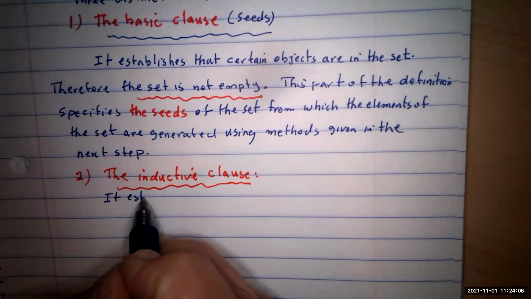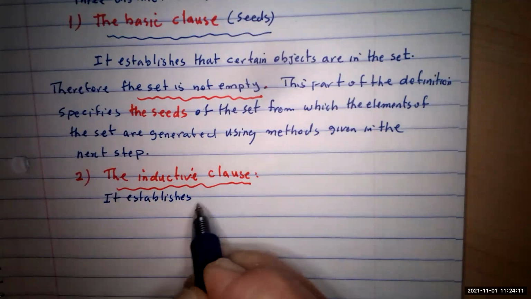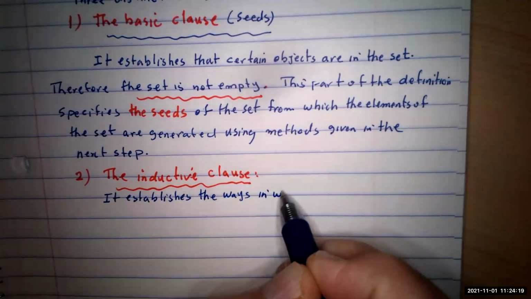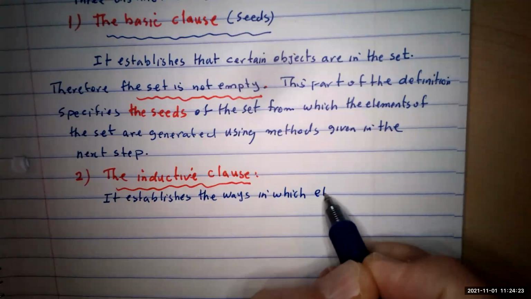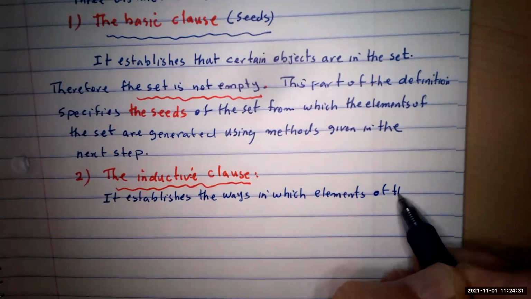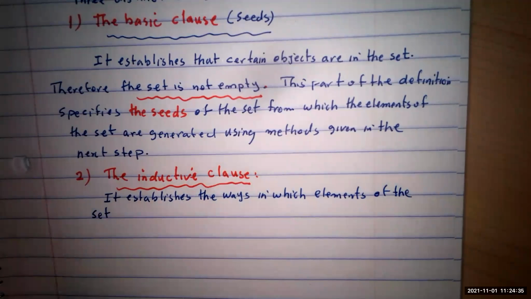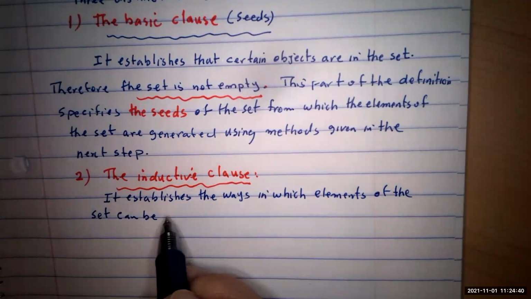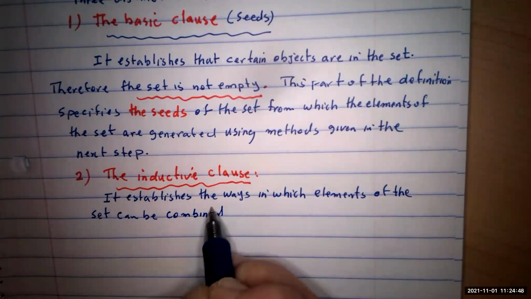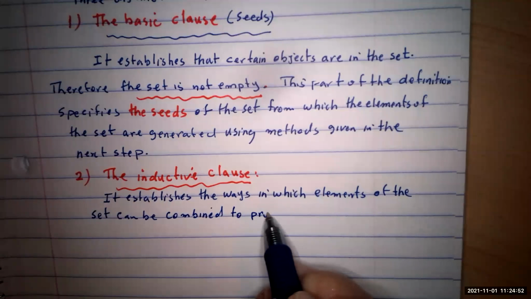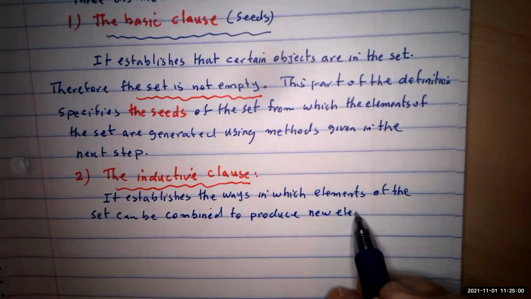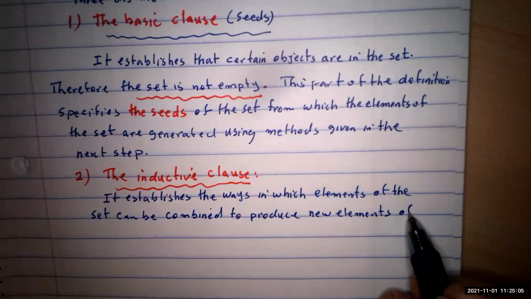It establishes the base in which elements of the set can be combined to produce new elements from the old ones of the set.